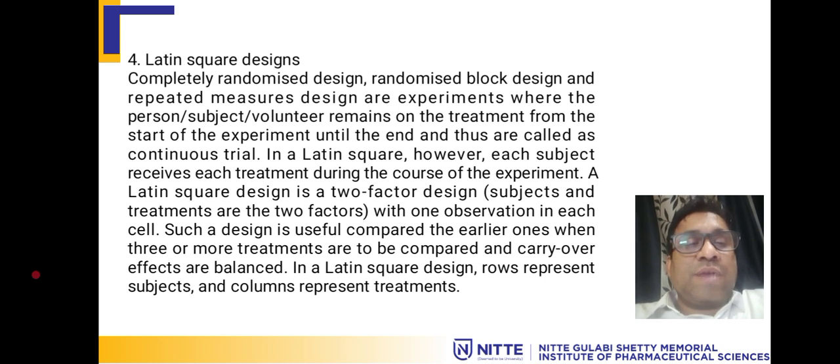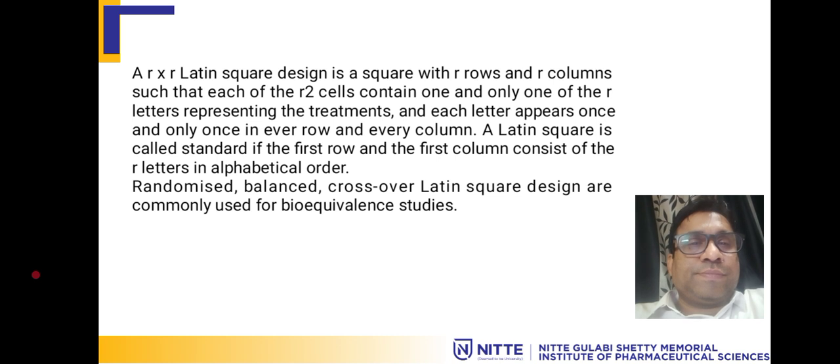In a Latin square design, rows represent subjects and columns represent treatments. An R×R Latin square design is a square with R rows and R columns, such that each of the R squared cells contains one and only one of the R letters representing the treatments, and each letter appears once and only once in every row and every column.